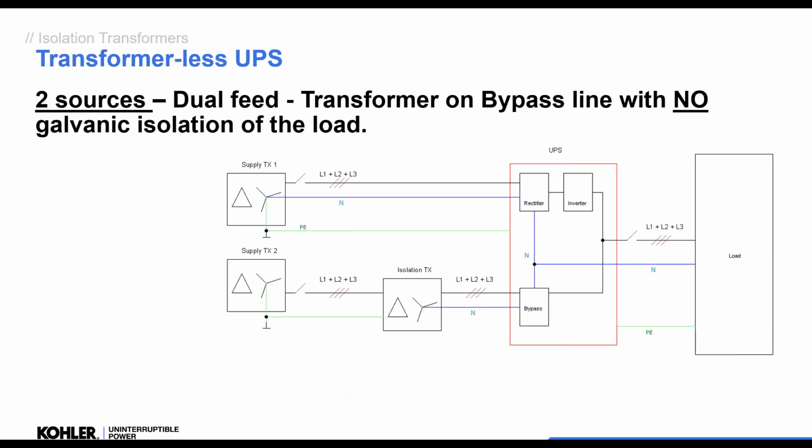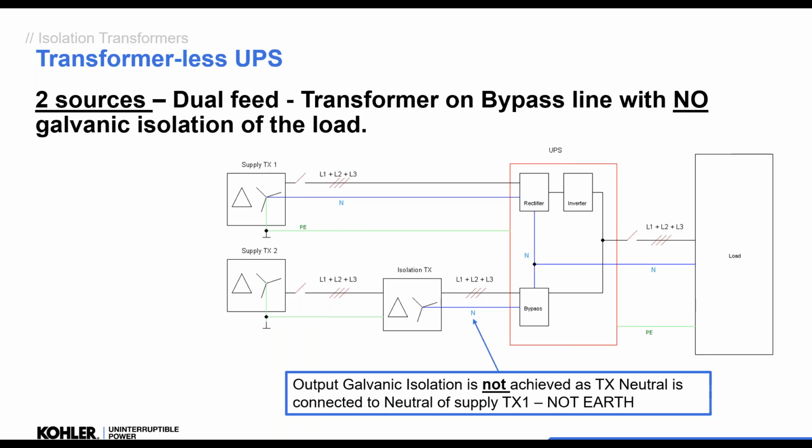So when we have a transformerless UPS, because the neutral is connected internally, we need to isolate those neutrals, and we put in a galvanic isolation on one source, typically the bypass, and this will isolate the two neutrals. So this neutral is connected to this neutral, not to earth.